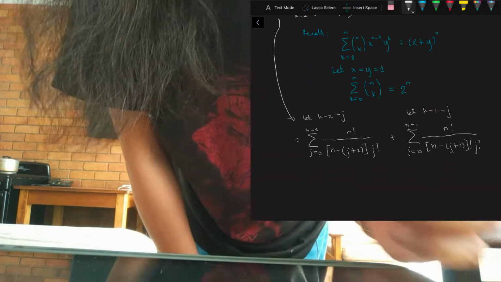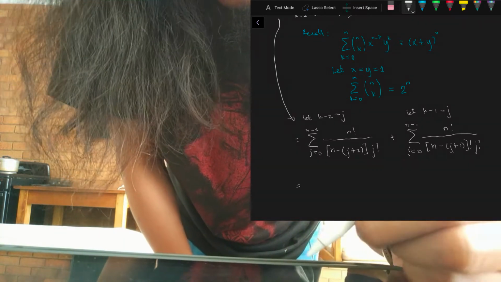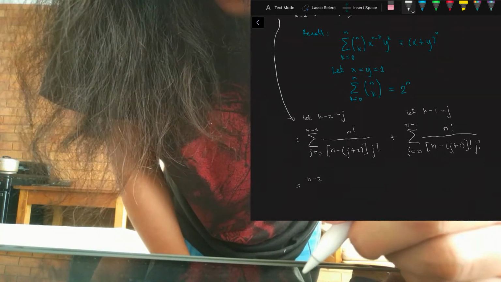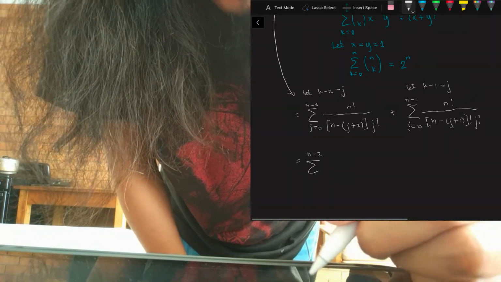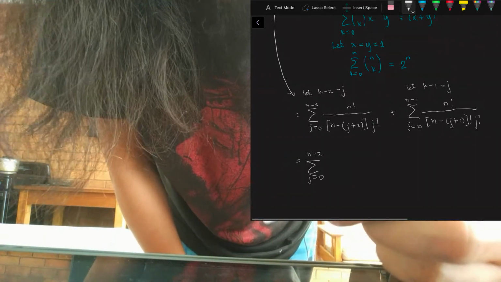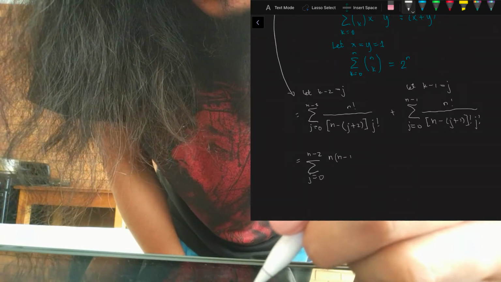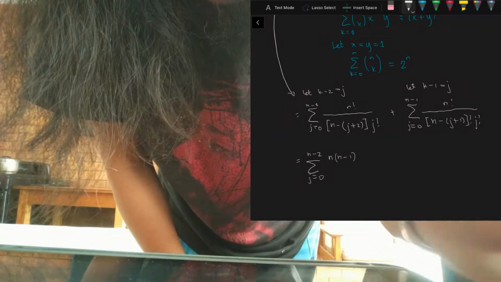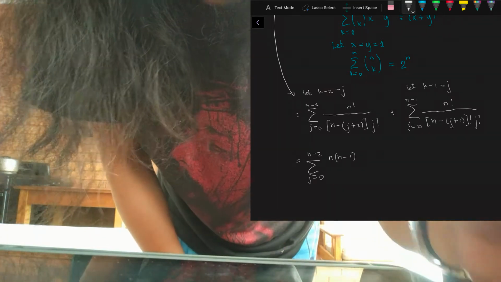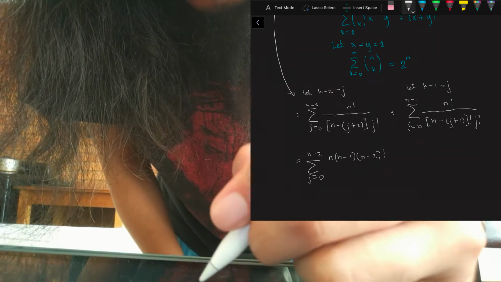So since our upper limit in the first term is n minus 2, let's write our numerator in terms of n minus 2. You can do that because n factorial is just equal to n times n minus 1 times n minus 2 factorial.